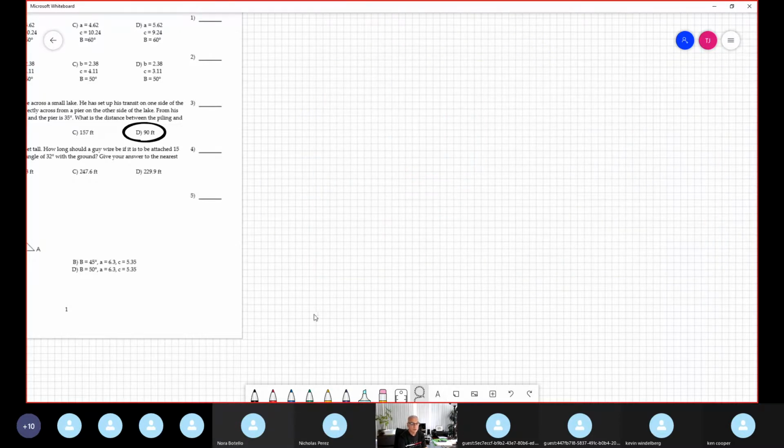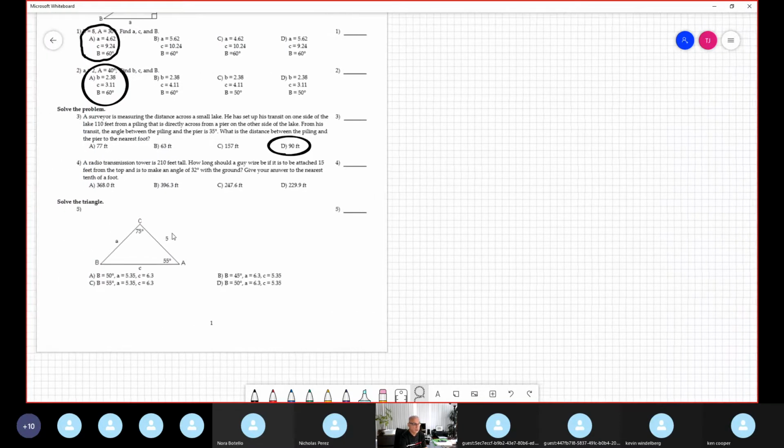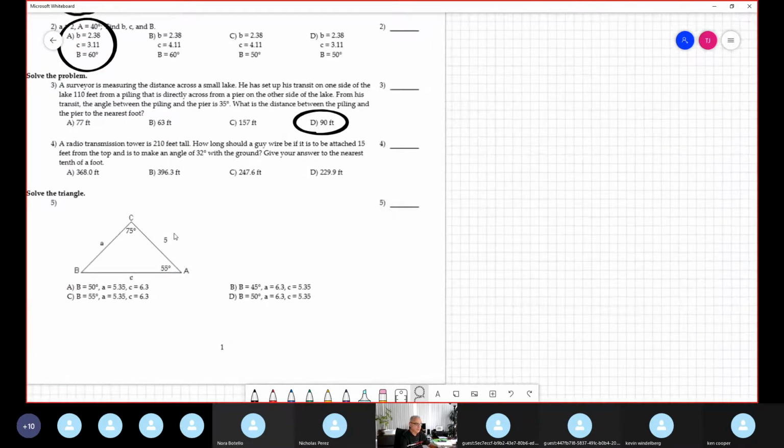Okay, let's see number 2, and help me interpret this. We have a radio transmission tower, and the radio transmission tower is 210 feet tall.